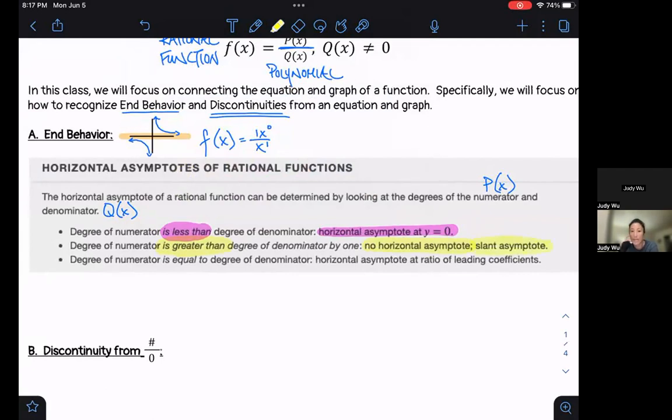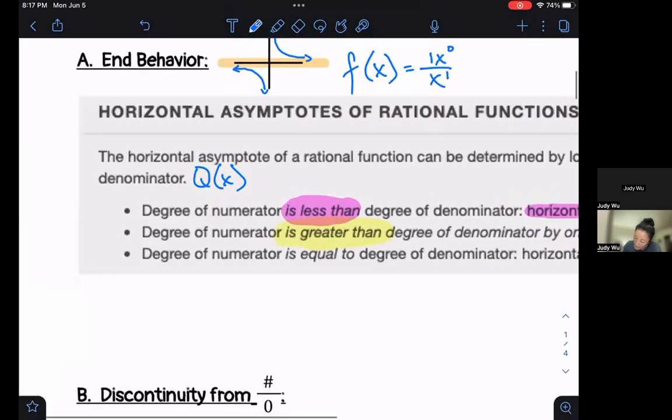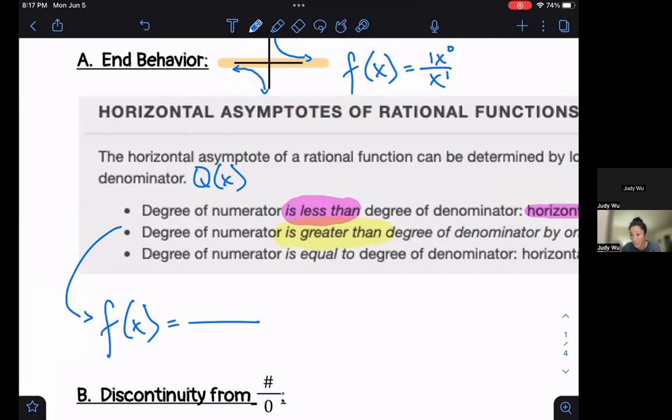It's on some sort of a diagonal. And a good example for this second one might be something like this. A rational function where the degree on the top is bigger than the bottom. X squared has degree 2. 1 has degree 0.